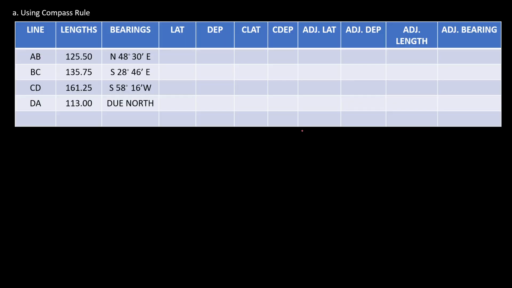Using the compass rule, let's first get the latitude and then the departure.